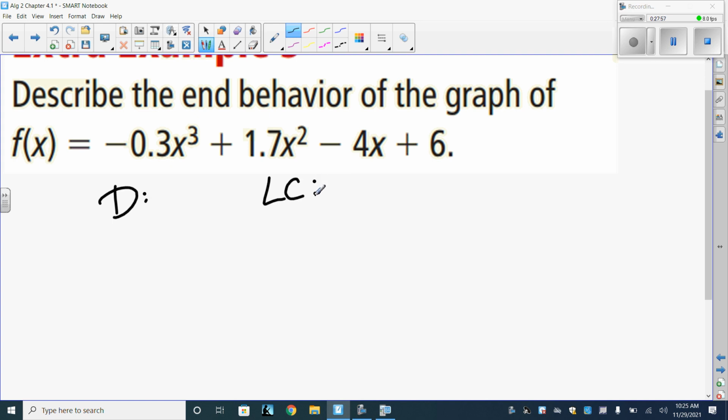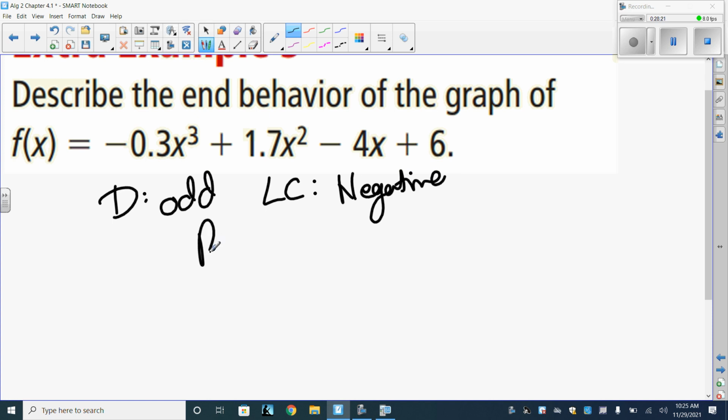So let's look at this one here. What is the degree? 3, and that is odd. And our leading coefficient is negative 0.3, so the leading coefficient would be negative. Now I can look at my chart and see odd and negative.